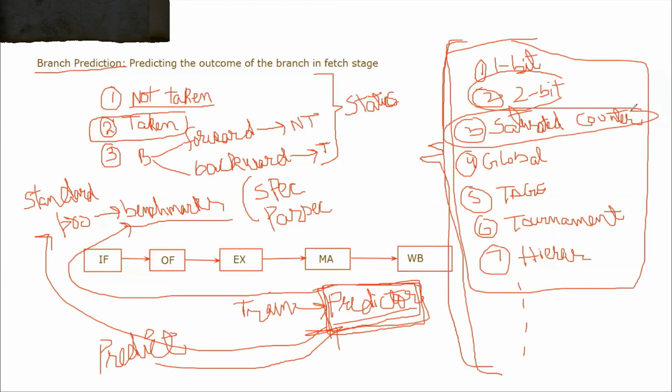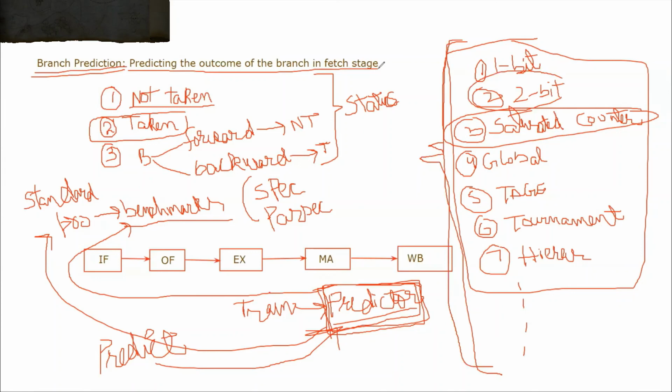Okay, so this completes part B of lecture number 20, in which we were discussing branch prediction. Branch prediction means predicting the outcome of the branch in the fetch stage in order to handle the control hazard, and also helps us to save 2 cycles.